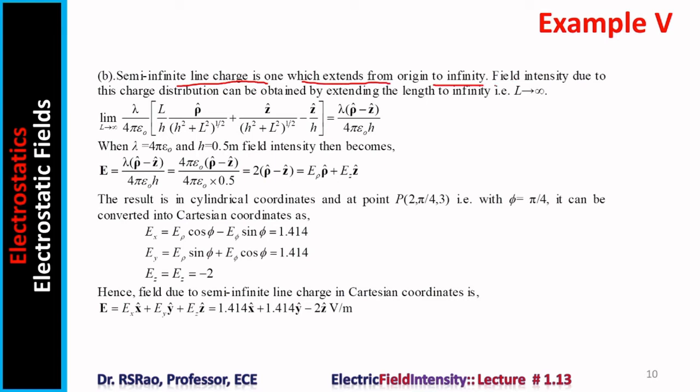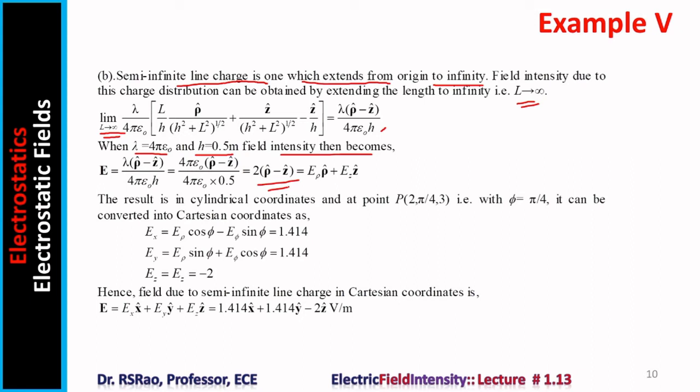So in the above expression for field intensity, if we consider L tending to infinity, we will get the expression for the field due to a semi-infinite line charge. L tending to infinity gives lambda times rho cap minus z cap by 4 pi epsilon naught h. When lambda is 4 pi epsilon naught and h is 0.5 meters, the field intensity then becomes 2 rho cap minus 2 z cap.